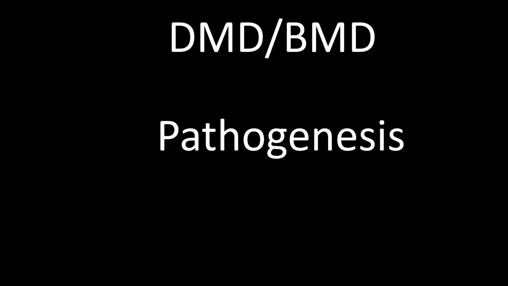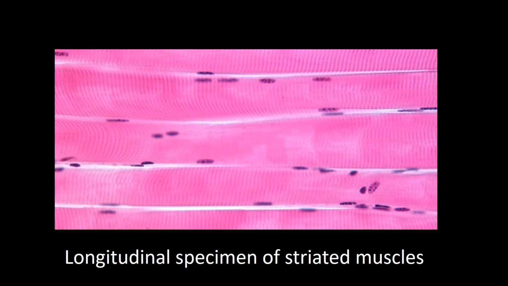Now we will address the pathogenesis of Duchenne and Becker muscular dystrophy. We will address the pathogenesis of DMD and BMD together because the pathological mechanism is the same. They vary in degree of intensity. This is a longitudinal specimen of striated muscles.